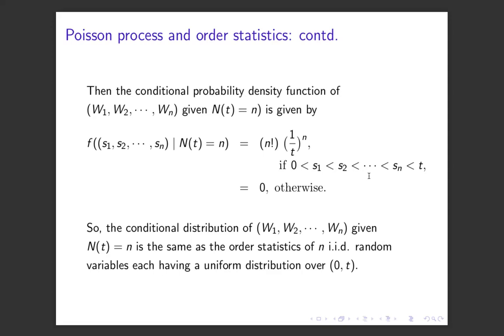The probability of that random variable taking values in this set is 1. And the corresponding conditional density function has this form, which is the same thing as the order statistics.